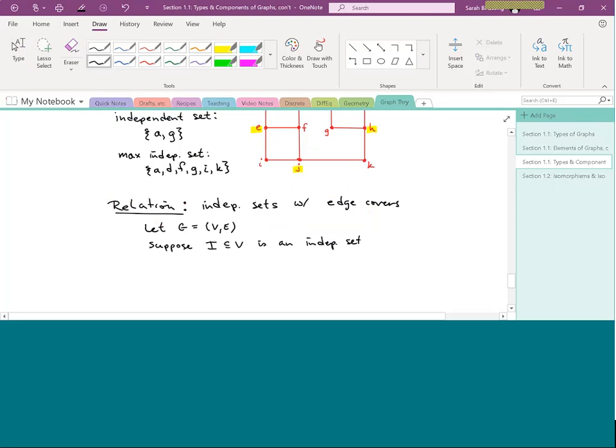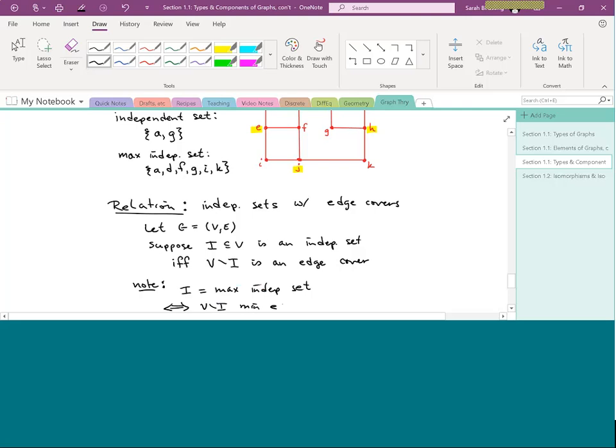It turns out that set I is an independent set if and only if, or exactly when, the whole vertex set subtract your independent set forms an edge cover. That's exactly what we said before. And to put the comment that we talked about before, if your independent set is a maximum independent set, this occurs only when those other vertices form a minimal edge cover.